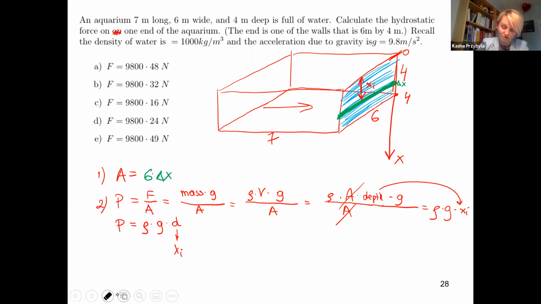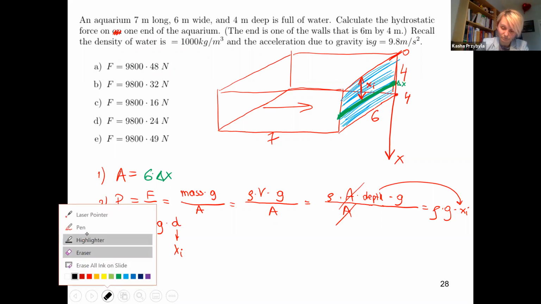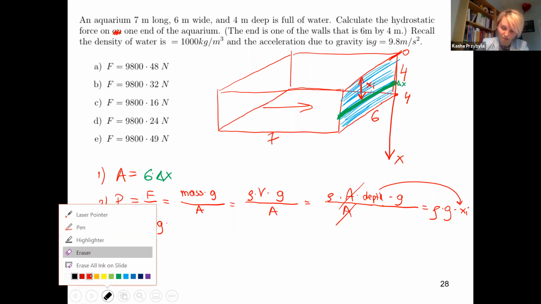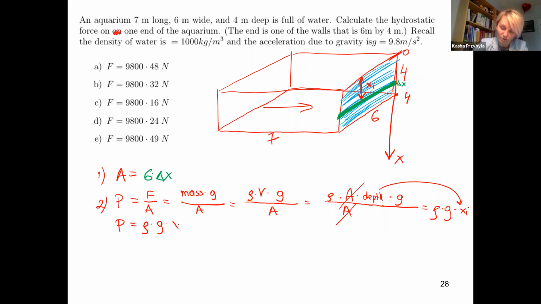I can put the depth, how deep we are. Okay, I can compute this: 1000 times 9.8, and I will keep x sub i for now. That's the pressure.